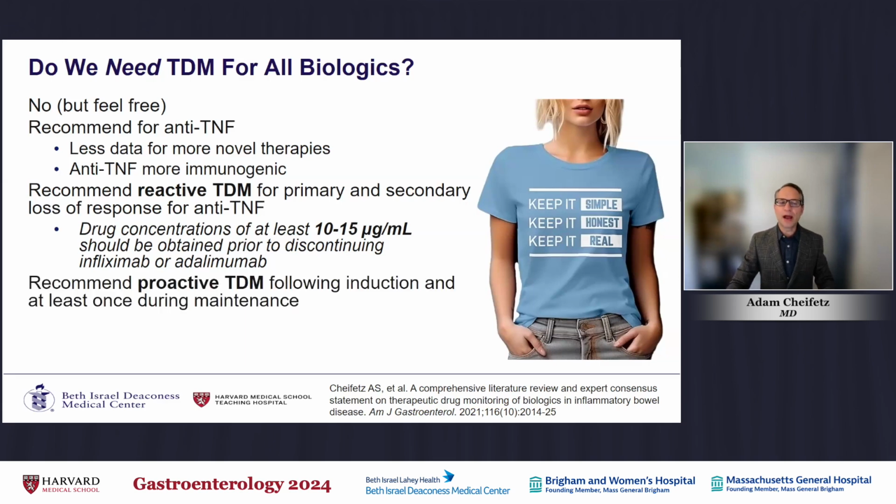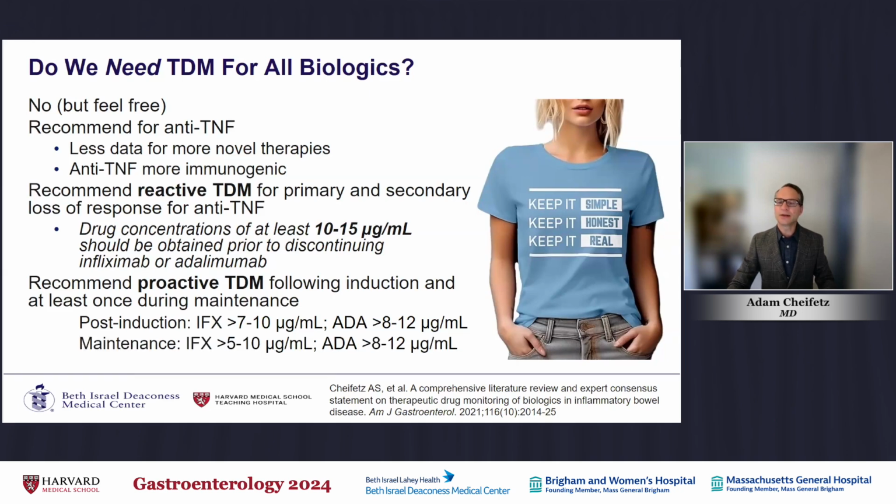I recommend proactive therapeutic drug monitoring following induction and at least once during maintenance. Post-induction, we're looking for infliximab concentrations of greater than 7 to 10 and adalimumab concentrations greater than 8 to 12. You'll see that targets during maintenance are not too dissimilar, but greater than 5 to 10 for infliximab and greater than 8 to 12 for adalimumab.